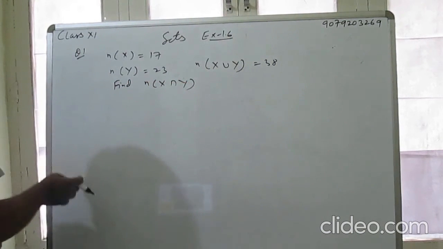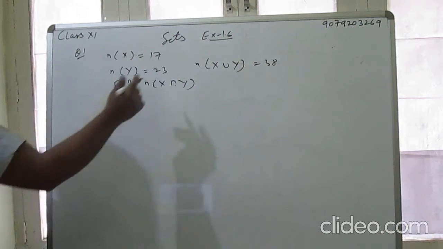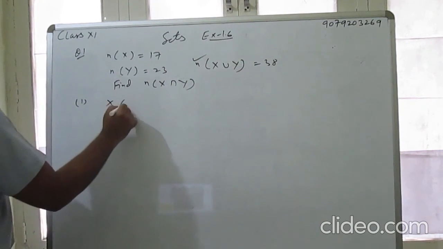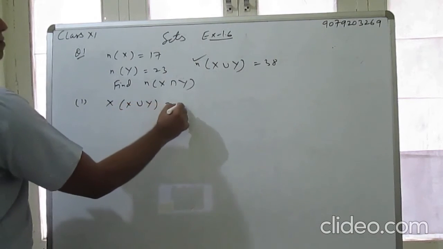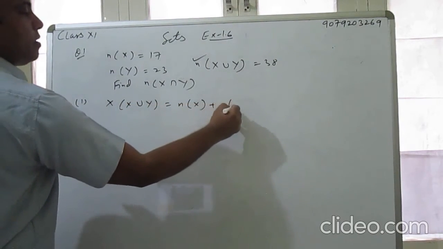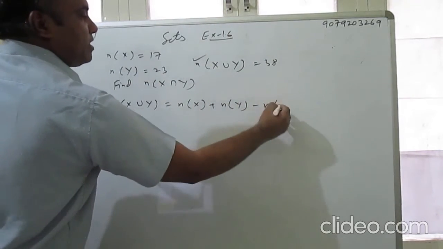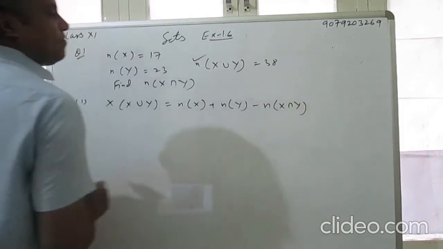Now simple, we have to apply the formula of X union Y. We know that n(X union Y) is equal to n(X) plus n(Y) minus n(X intersection Y).